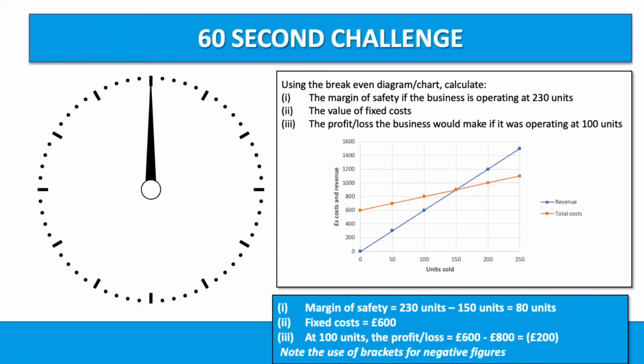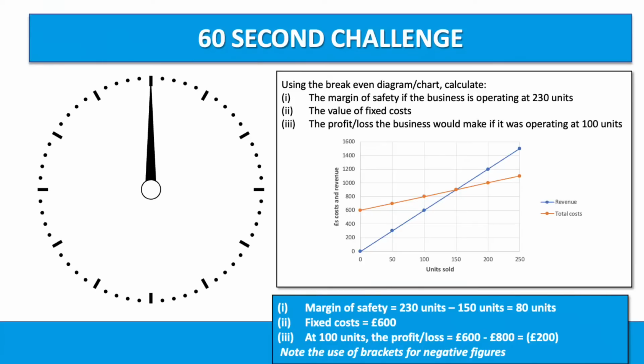Where total revenue and total costs intersect, we trace that down to the horizontal axis and see break-even output is 150 units. So the margin of safety is 230 minus 150, which is 80 units. Really well done if you got that right.